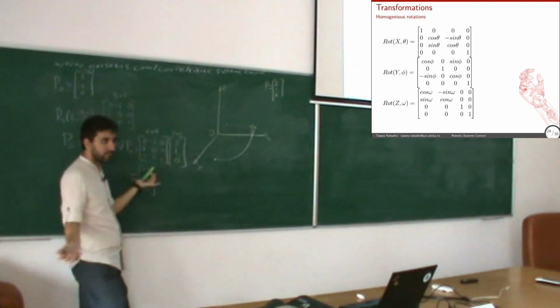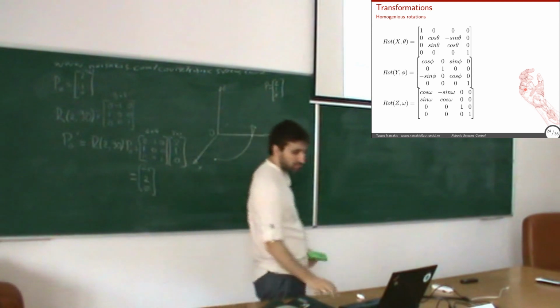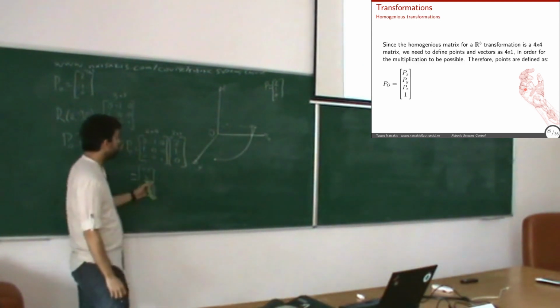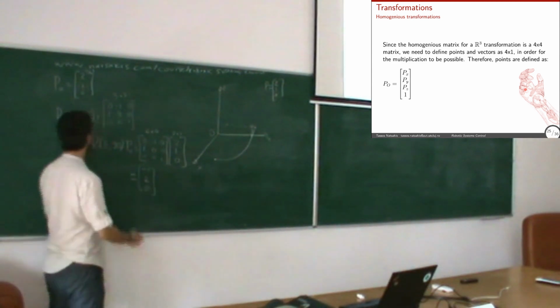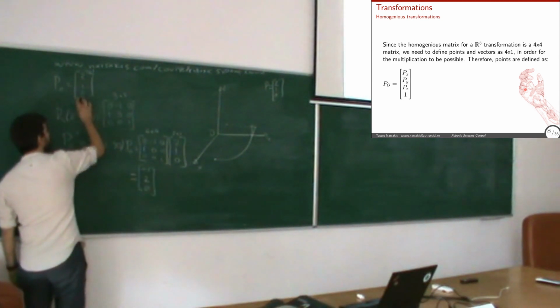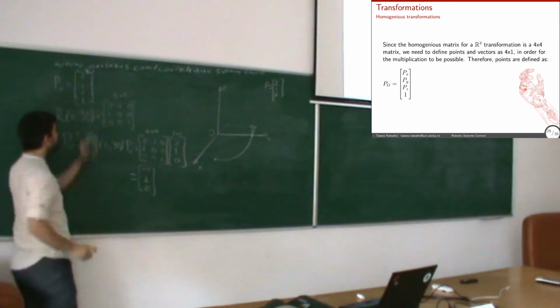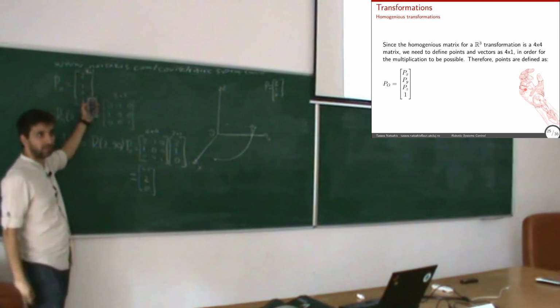I cannot, right? So we cheat a bit, and for each point in 3 dimensions, we add 1 extra element. So this becomes a 4 by 1. And this extra element is always equal to 1.